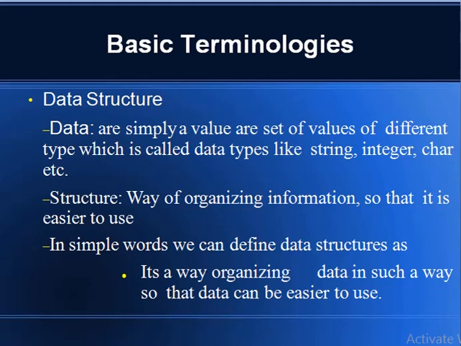Data is simply a value or set of values of different types, which are called data types, like string, integer, character, etc. Whereas structure is the way of organizing the information so that it is quite easier to use.